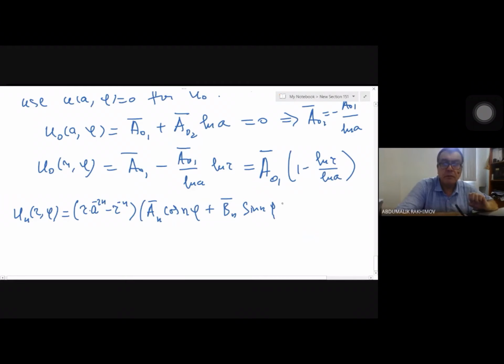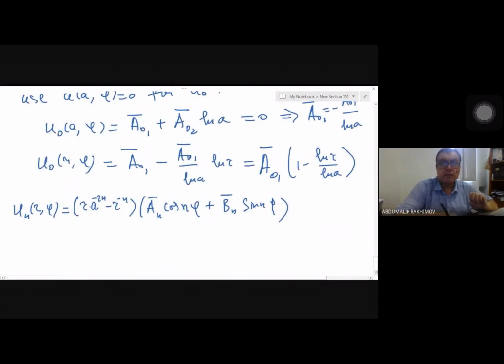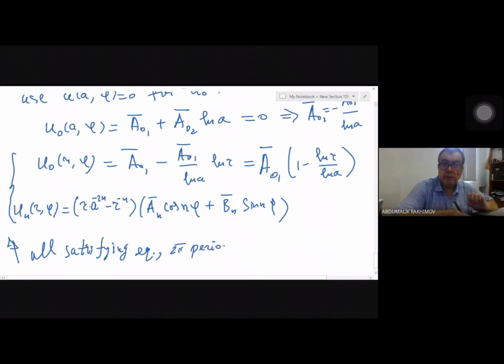Like this. So we have these functions u0 and un, all of them satisfying the equation, the 2 pi periodicity, and this zero boundary condition u(a, phi) equal 0.